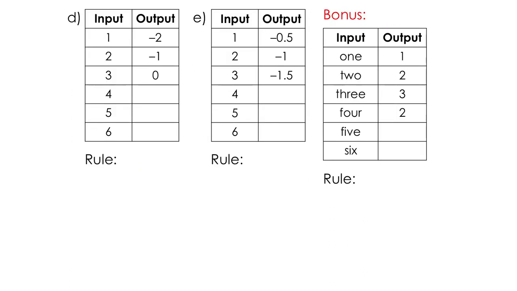But if you're okay with that, try these ones now, and it's the same question. Find the rule. What are you doing to the input to get the output? And then complete the table. So pause the video and try these ones.